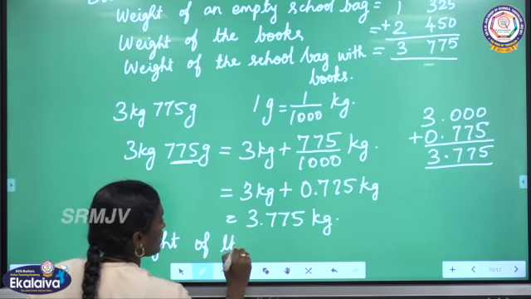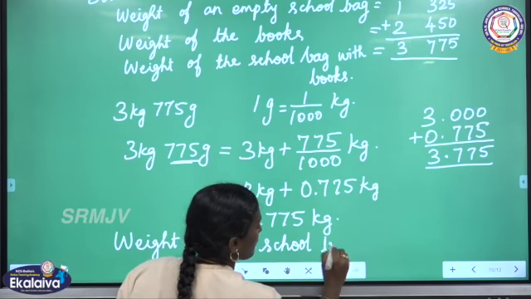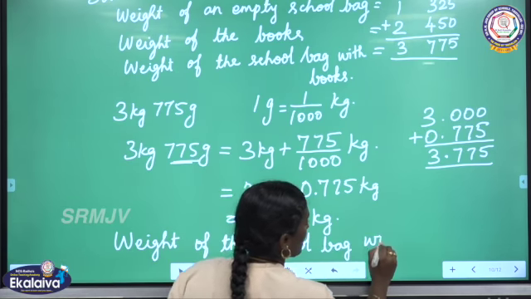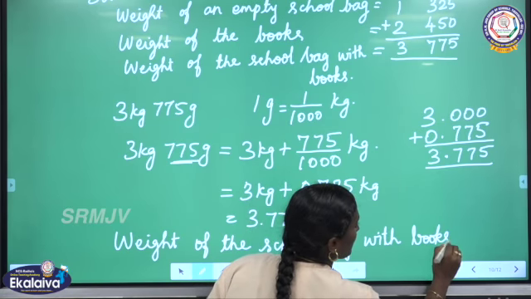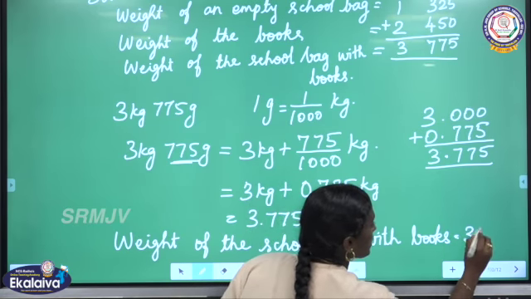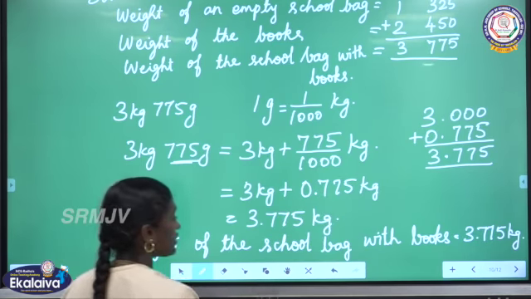Weight of the school bag with books is equal to 3.775 kilogram. Is it clear, children?